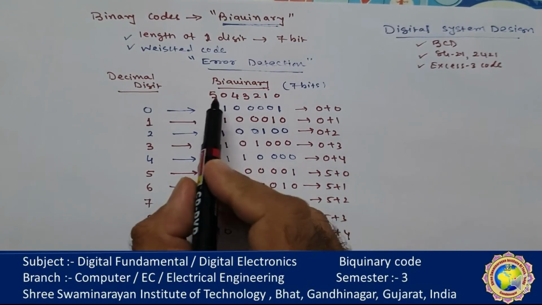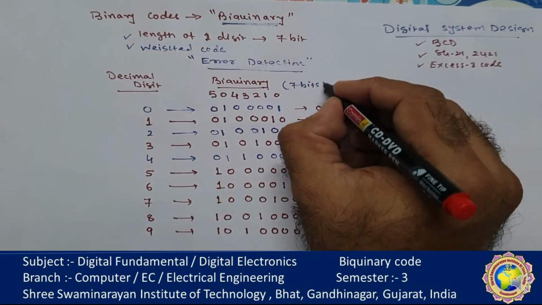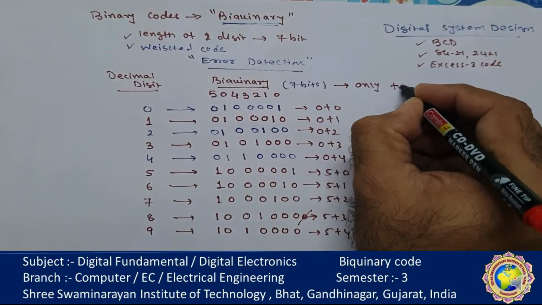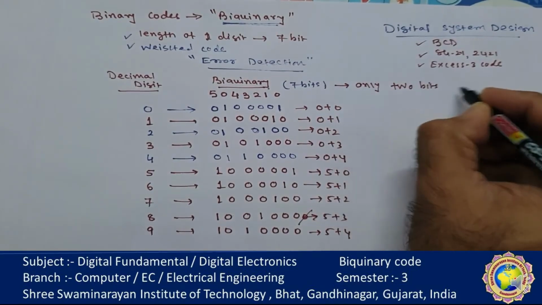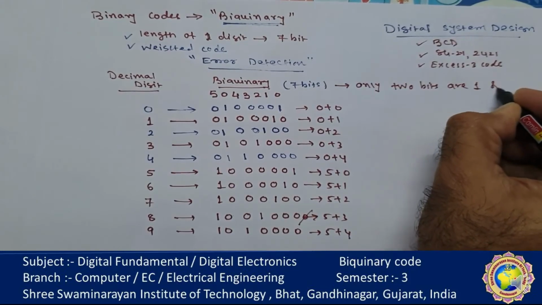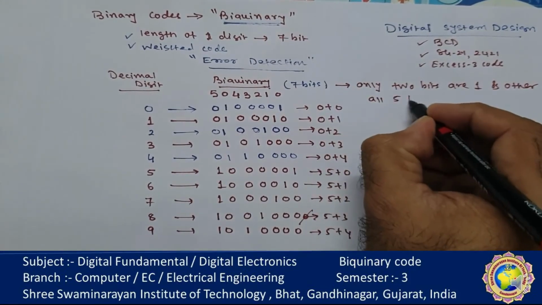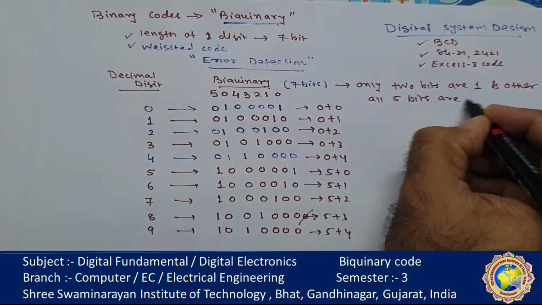So you can easily understand that in the 7 bits, the combination is such that only 2 bits are 1 and all other 5 bits are 0.